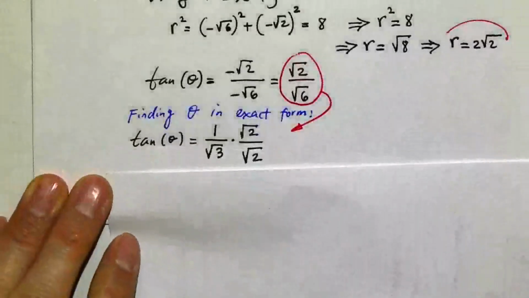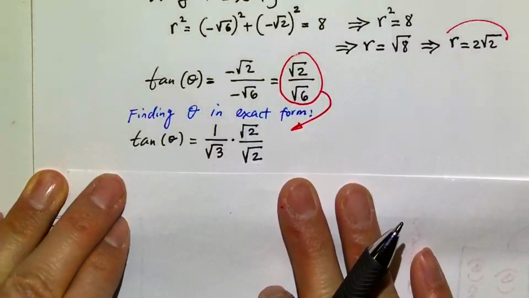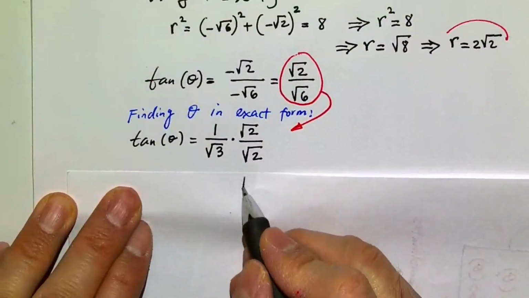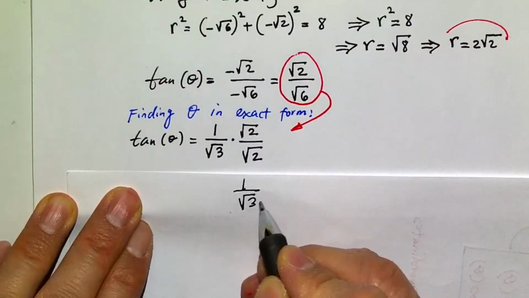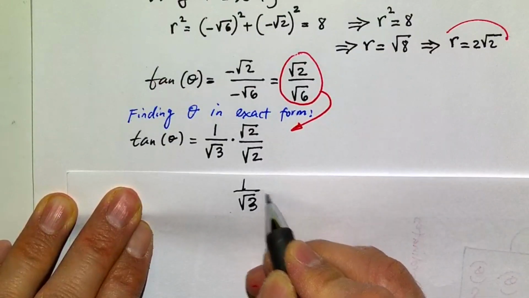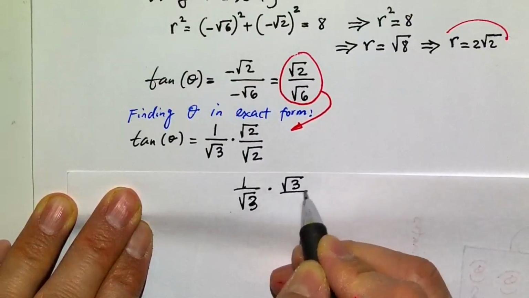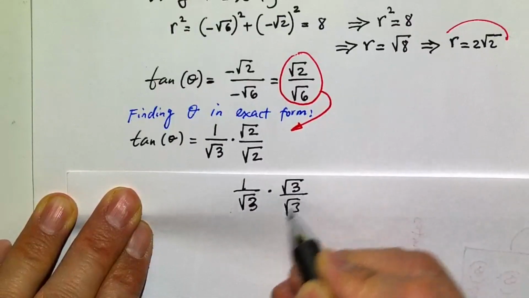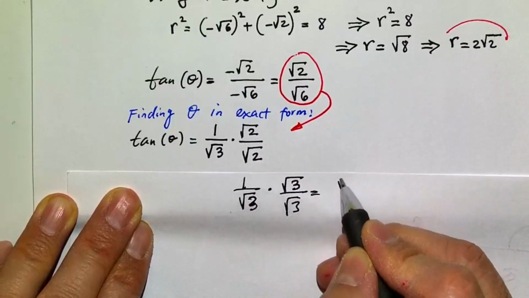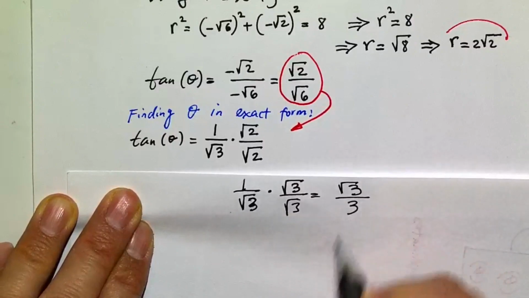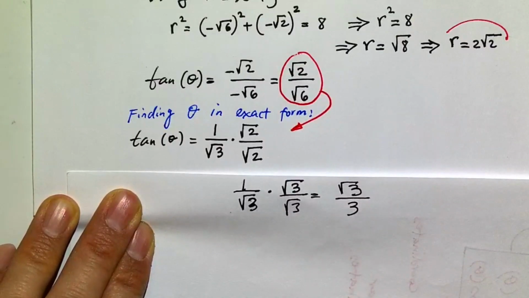Let me bring my scratch paper here. So 1 over square root of 3, after you rationalize it, which means multiply it by square root of 3 over square root of 3, rationalize the denominator, what do you get? You get square root of 3 over 3, right?